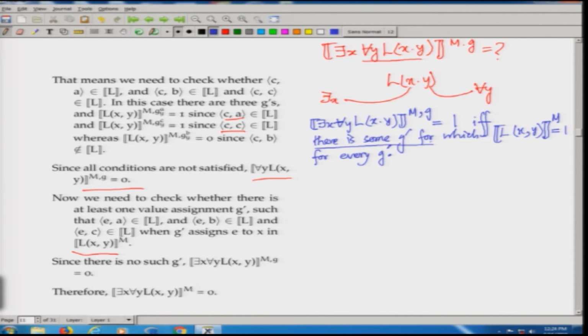So, the starting point is some g prime that assigns value just to x, and then we are looking for another g prime that assigns values for y. So we need to add those things.